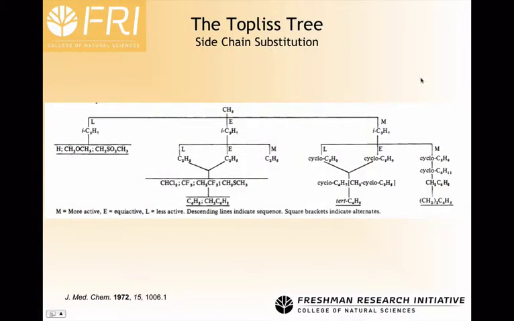So here's a Topliss tree for side chain substitution. And I guess I kind of missed saying this on the last slide, but the study looks at the electronics of the groups that are on the aromatic ring, and also how greasy the compound is, how soluble it is in water versus how soluble it is in hydrophobic environments.